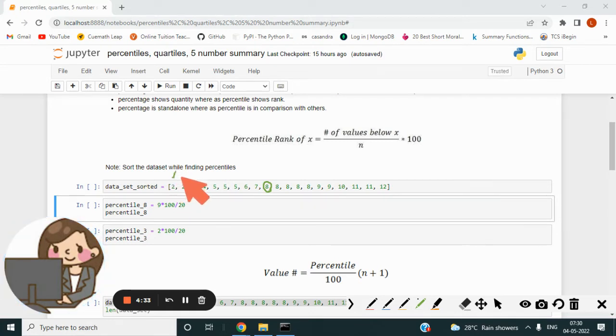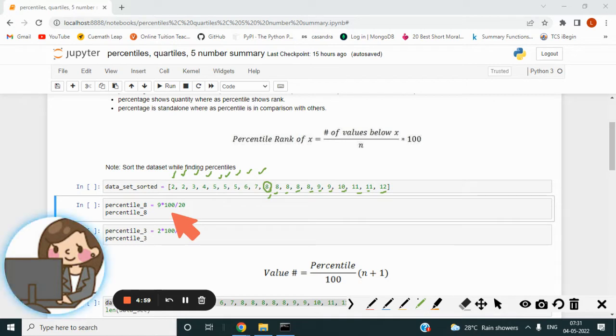So it is 1, 2, 3, 4, 5, 6, 7, 8, 9. That's why I have given 9 into 100 by total values. Counting all of them, 9, 10, 11, 12, 13, 14, 15, 16, 17, 18, 19, 20, we have a total of 20 values. That's why I have given 9 into 100 by 20.